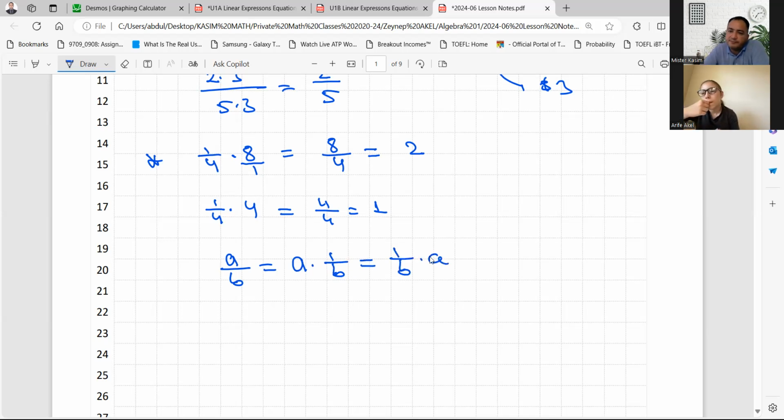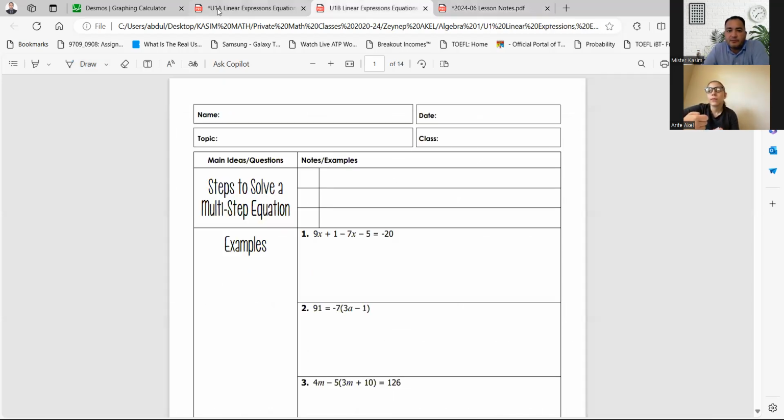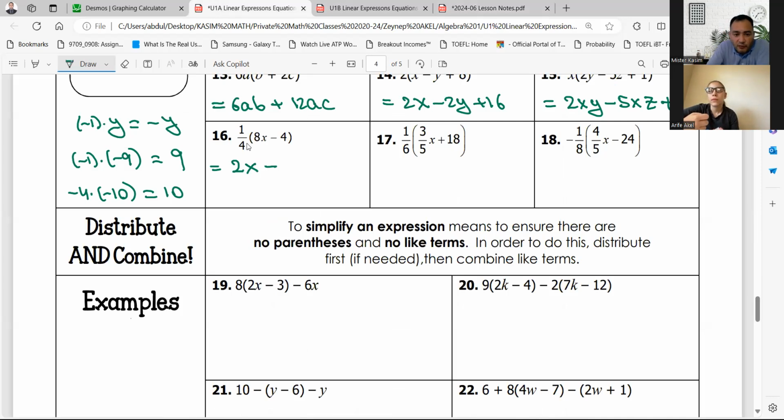They're all the same thing. Okay, then I continue. So 1 over 4 times 4 is just equal to 1. That's it.